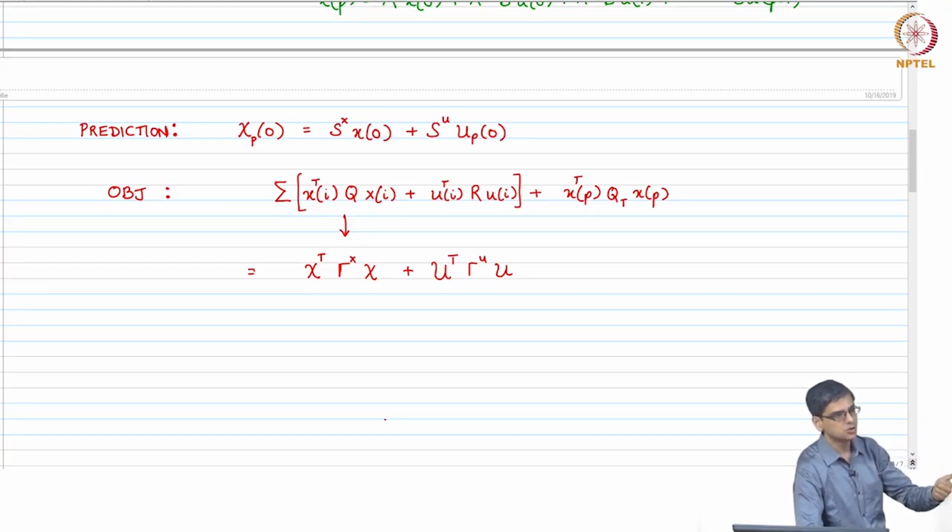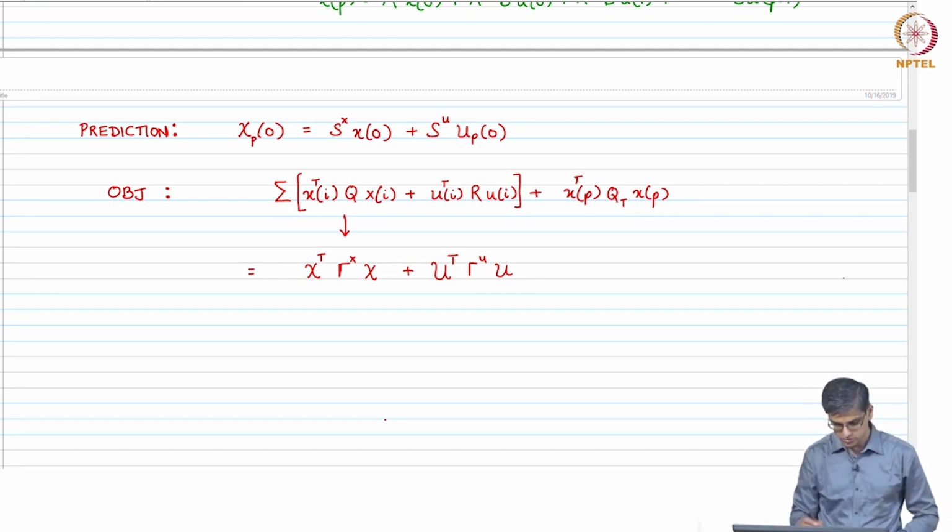LQR tells you what is the best way to do this in a quadratic sense, what is the best input moves so that you get the system from x naught to origin such that this particular objective that I have shown you, the quadratic objective function, is minimized.